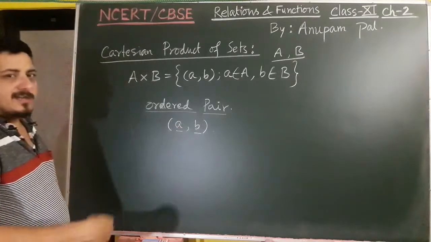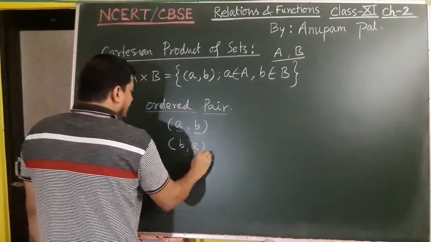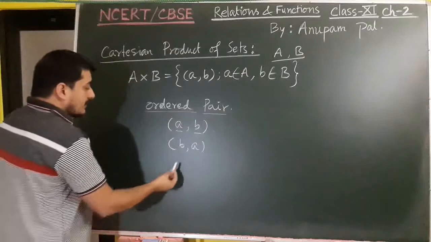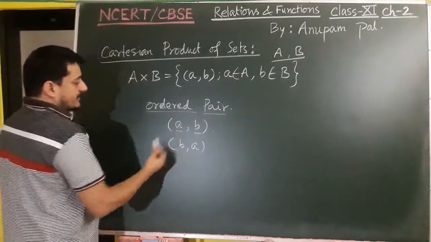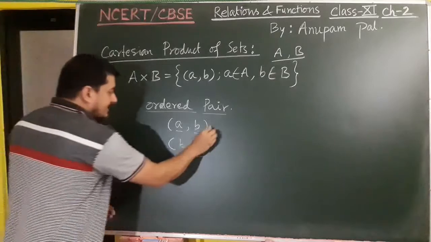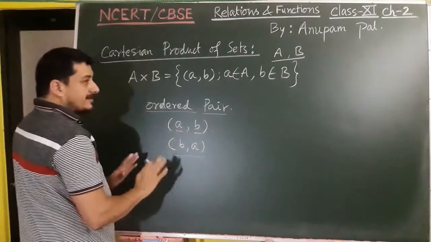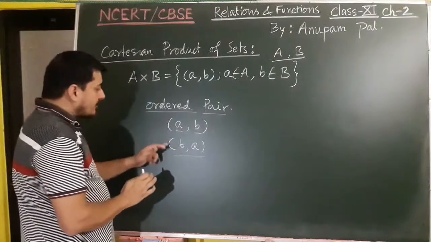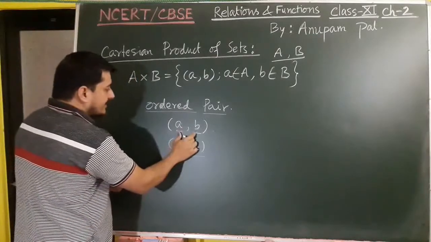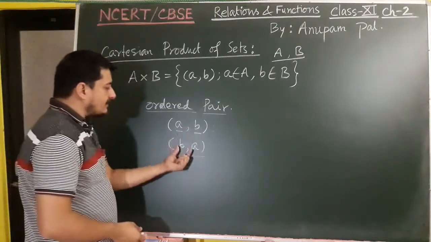There may be another ordered pair which is (b, a). You can see now a has appeared after b. So this is also an ordered pair. But these two ordered pairs, though their elements are the same, are not the same ordered pair because of the alteration of the sequence in which the two elements appear.